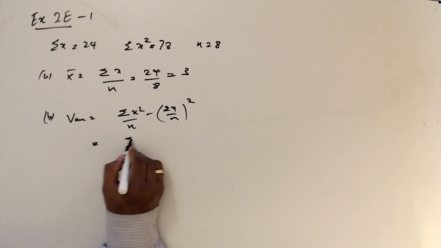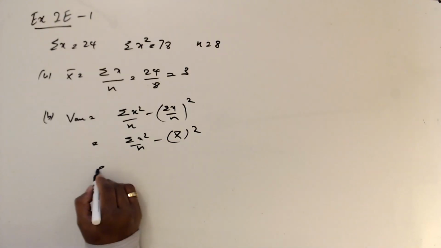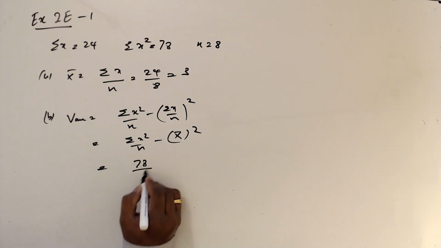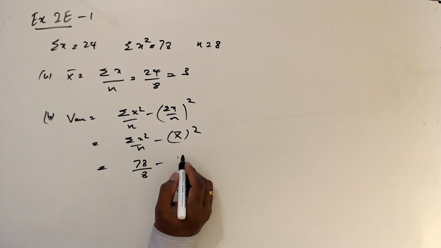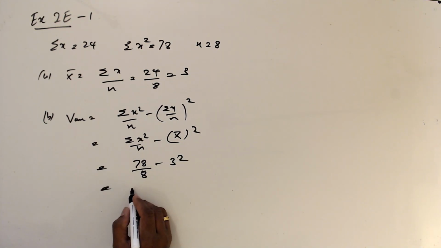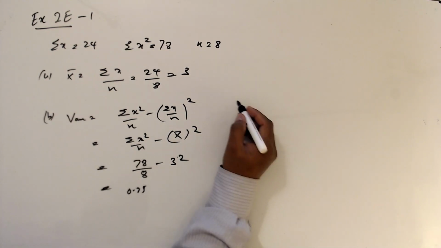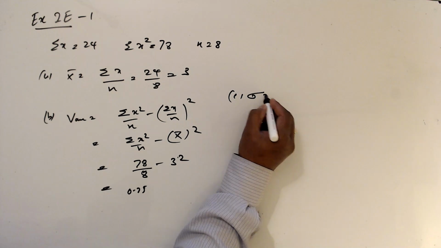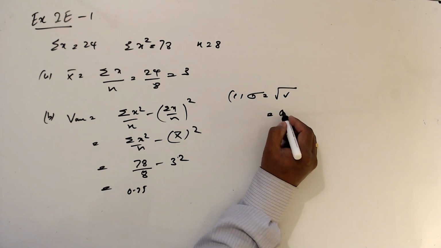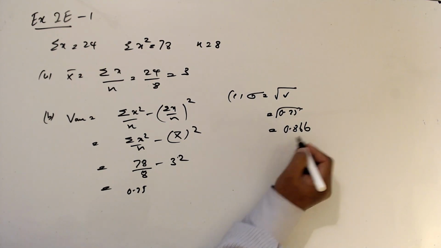This is x bar basically, x bar square, so this is going to be 78 over 8 minus 3 square, so the answer is going to be 0.75. Then standard deviation is square root of variance, so this is going to be square root of 0.75, that is 0.86.